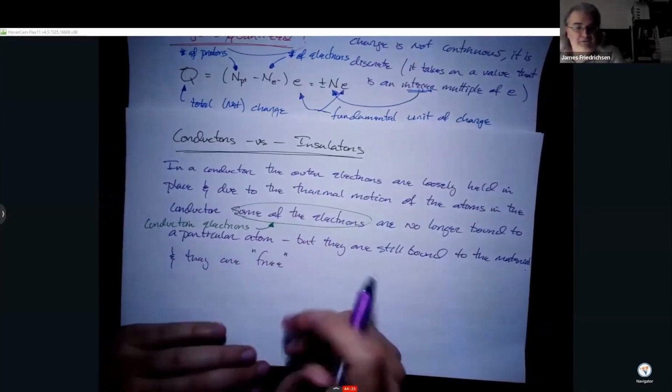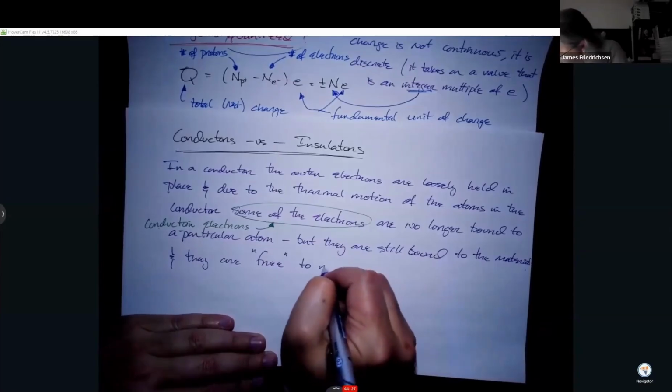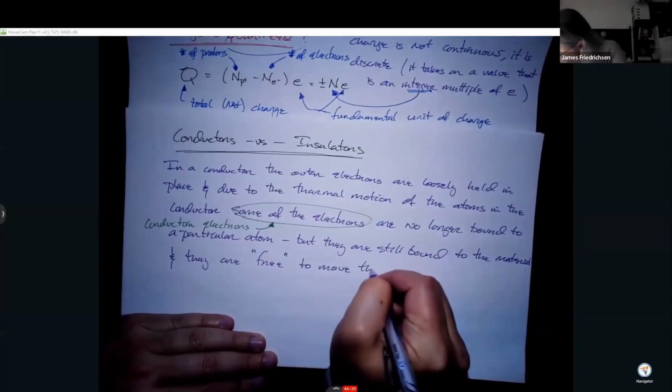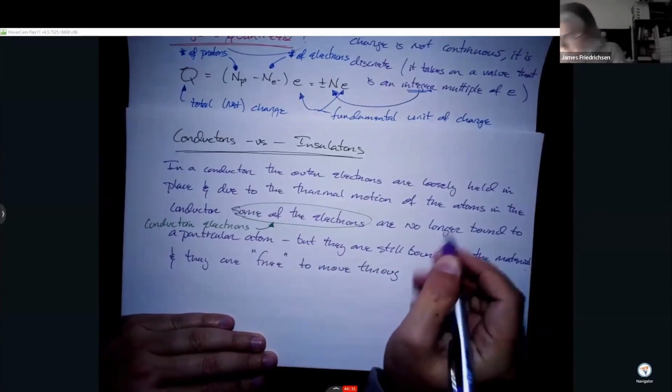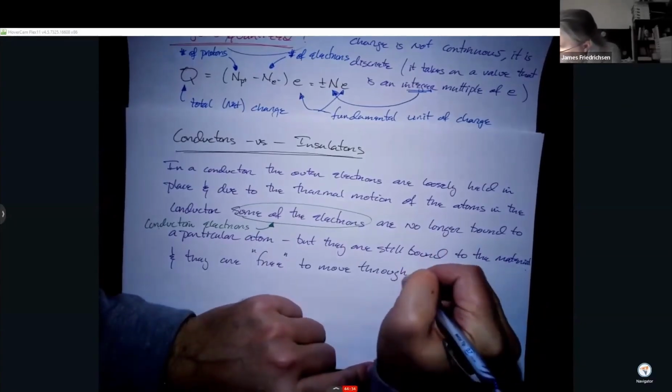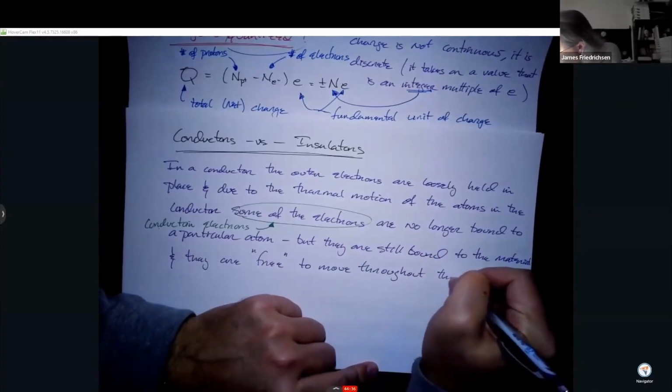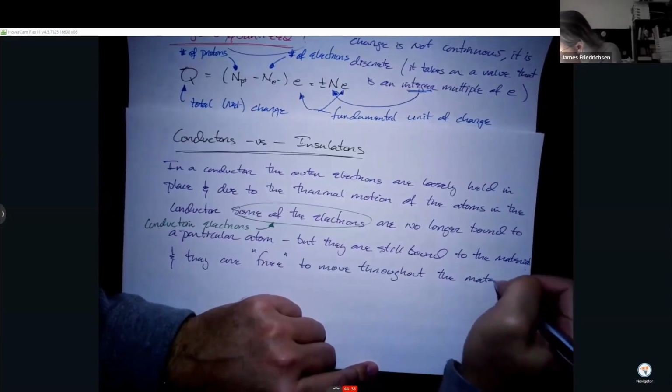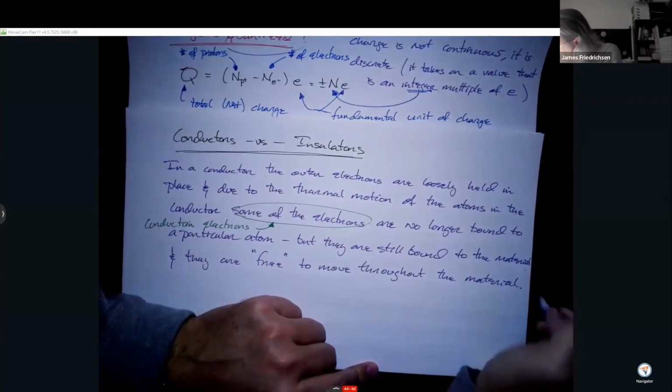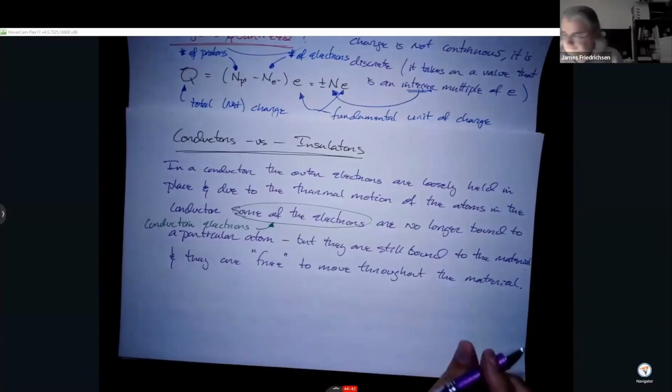And they say that they are free. Free to move basically throughout the material.